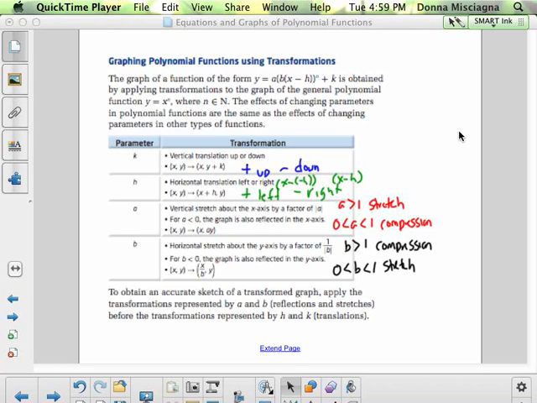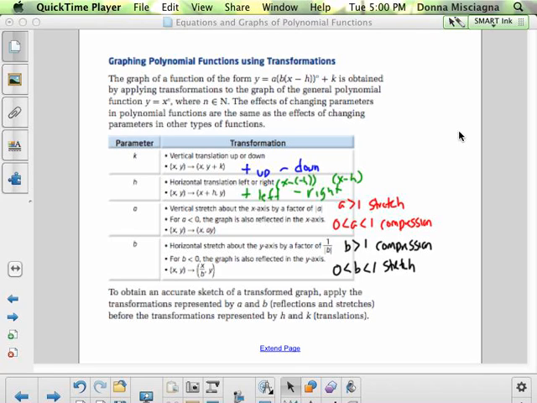We can have a vertical stretch if we have a coefficient in front of the entire function. If it's greater than 1, it's a stretch. If it's between 0 and 1, it's a compression. And we can also stretch and compress horizontally. It's reversed, though, for horizontal.